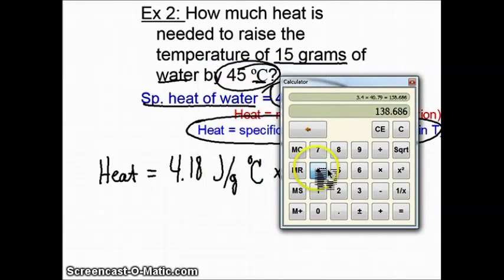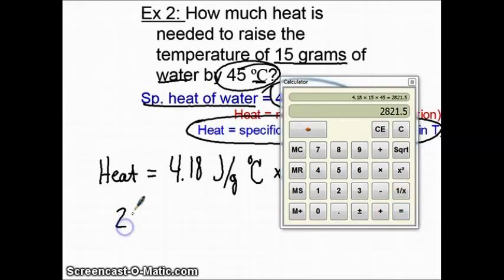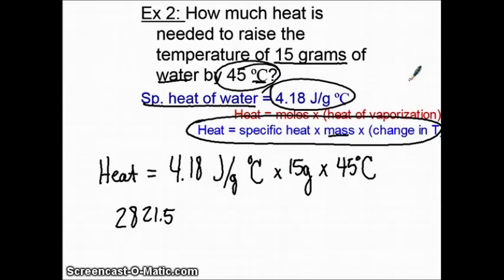We have 4.18 times 15 times 45 equals 2,821.5. We have 2 sig figs here, so that's going to be 2,800.